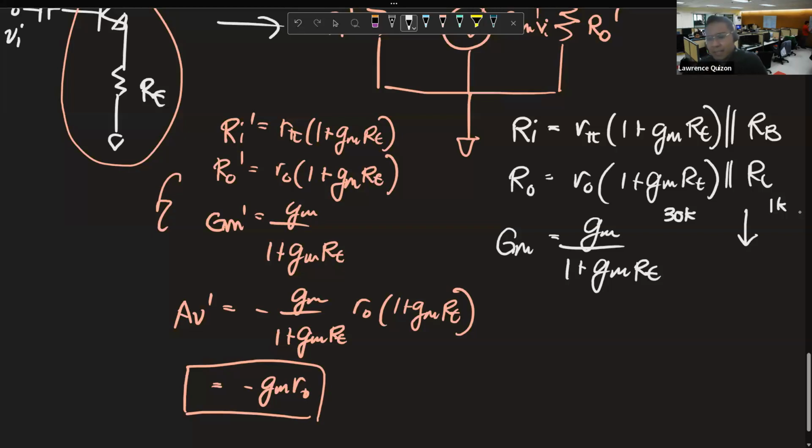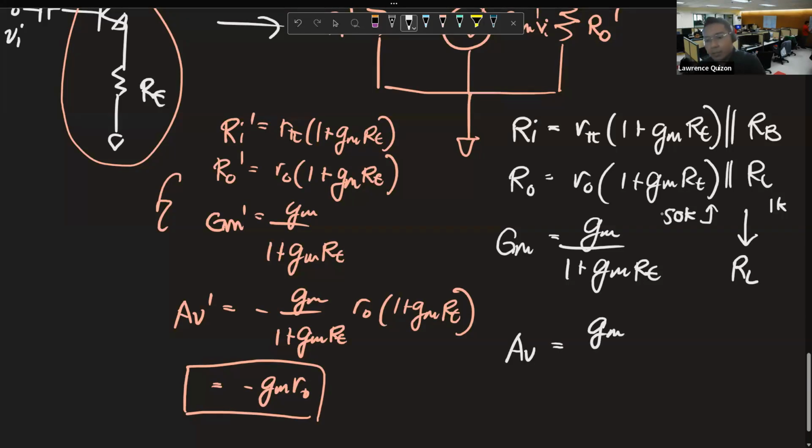So what happens here? No? But actually, R out is, well, not just 30K, no? 50K above, no? 100K, ganun. You multiply 50K by something that's greater than 1. No? This is greater than 1. It's 1 plus something, right? Then it gets even bigger. No? You parallel it with something small, then the something small wins. No? It becomes RL. And now, what happens to our gain?